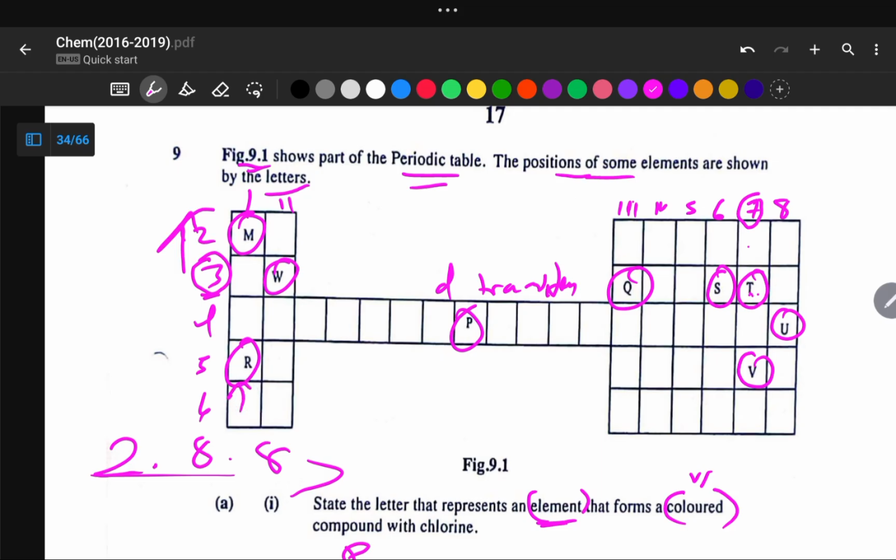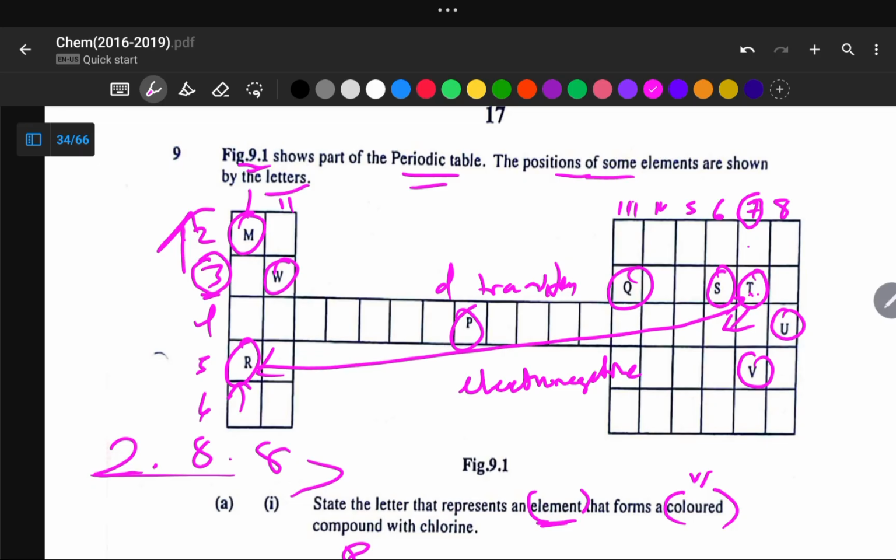So R is ready to lose its electron, right? And then the most reactive non-metal is T, right? So T will react in terms of electronegativity. It has the highest tendency of receiving electrons, and R has the highest tendency of losing electrons. So we are going to have a more vigorous reaction between these two.